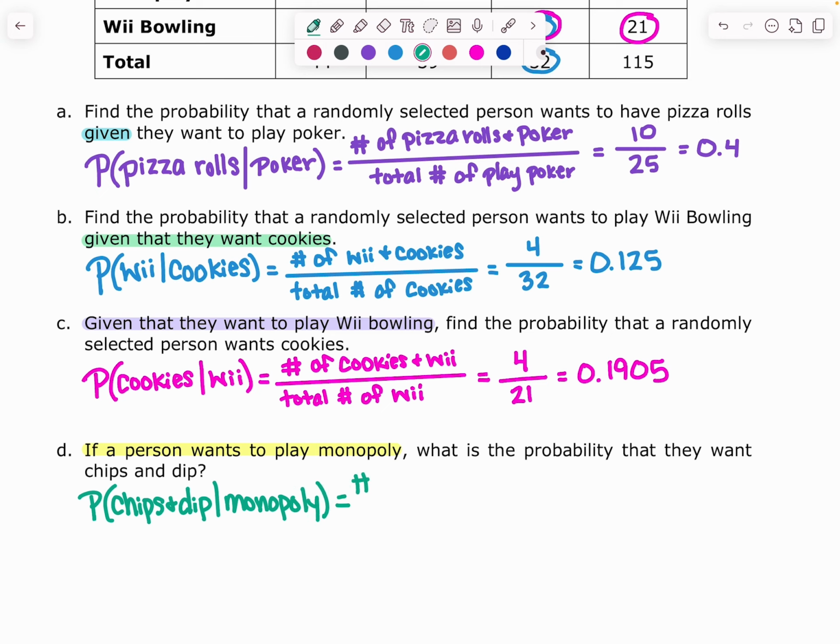So we want the number of chips and dip and Monopoly divided by the total number of Monopoly.